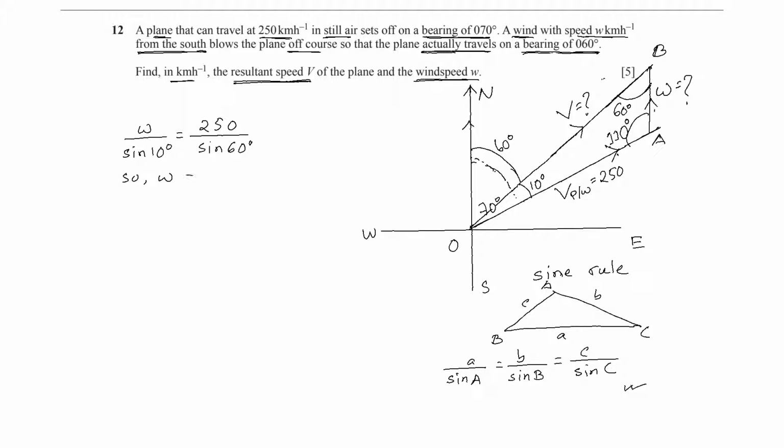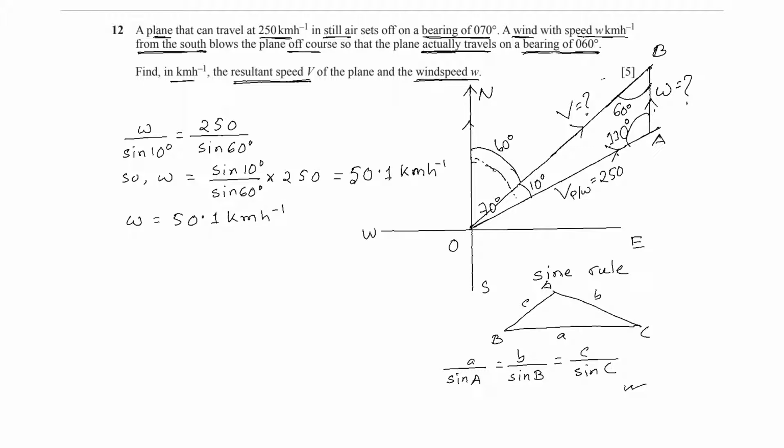So that can be written as W is equal to sine 10 degrees over sine 60 degrees times 250. Now let me take the calculator to calculate this value, and the value is 50.1 kilometer per hour. So the speed of the wind which is blowing from the south is 50.1 kilometer per hour.